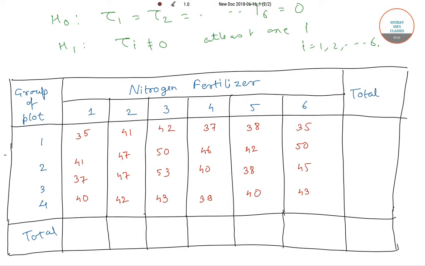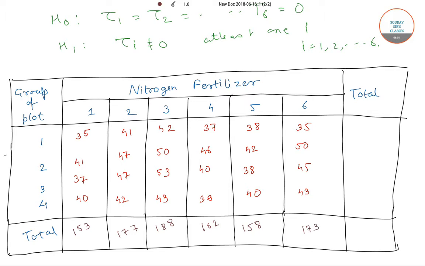Now we will find the total values. Here 35 plus 41 plus 37 plus 40 is equal to 153. Similarly, the totals of the next columns are 177, 188, 162, 158 and 173.